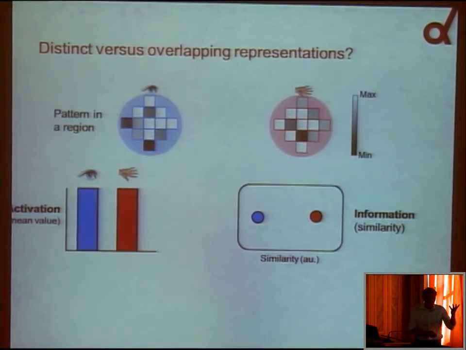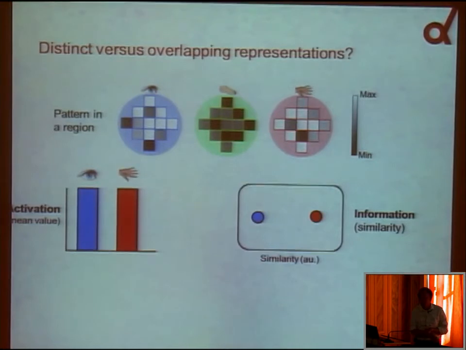So now we add the other effector system, the foot. As you can see, this is the foot, and if you look carefully, the foot looks a little bit like the hand. If you compare, the patterns are the same. However, if you look at the activation, for the foot it is different, much less. So now what would you conclude based on these observations?